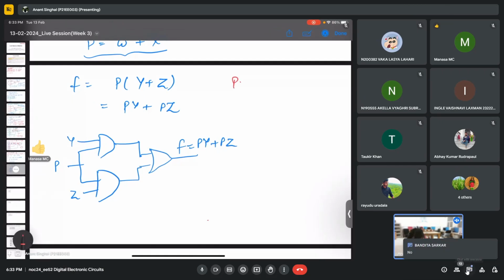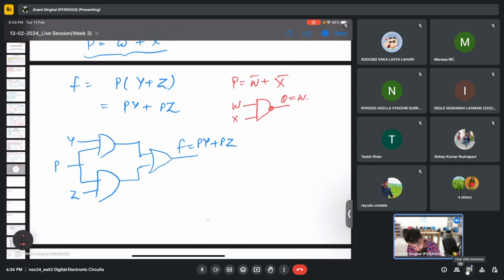So now I have p as w complement plus x complement. What I'll do is use a w and an x and a NAND gate here. So my expression will be, let's say, q. This will be nothing but w dot x whole complement, and that will be w complement plus x complement. That is my given p, right?